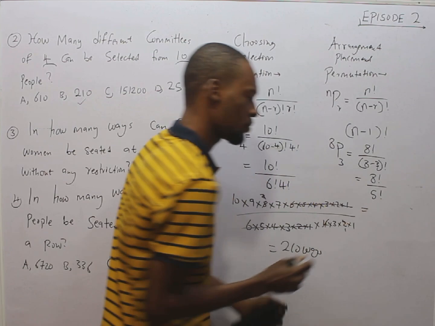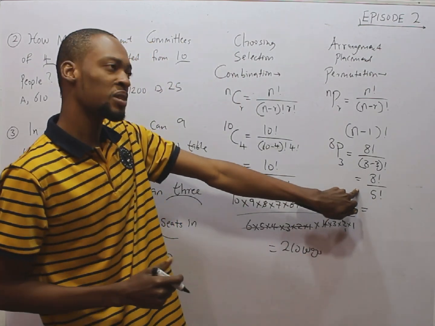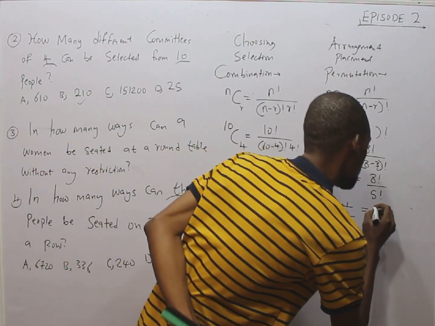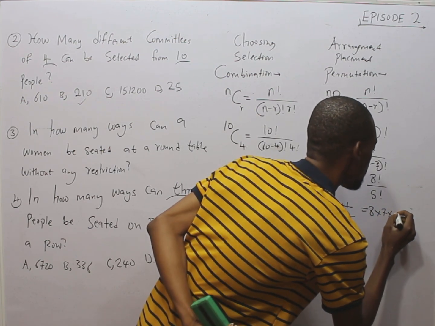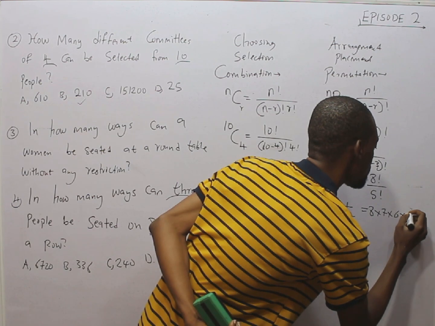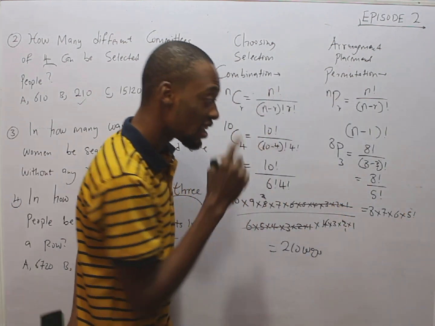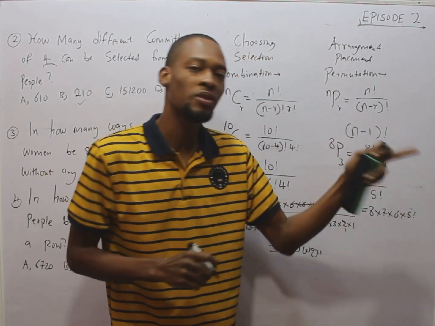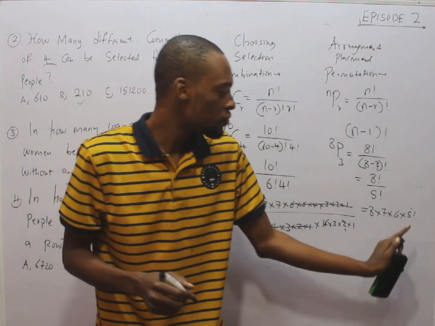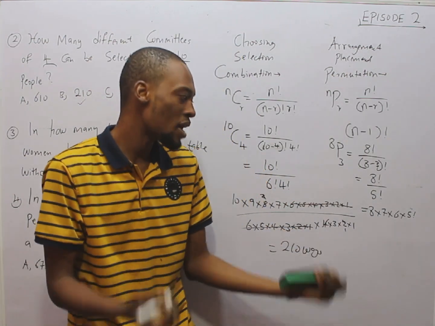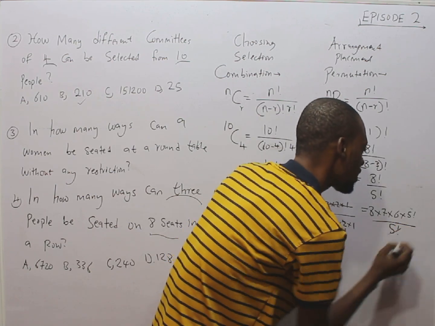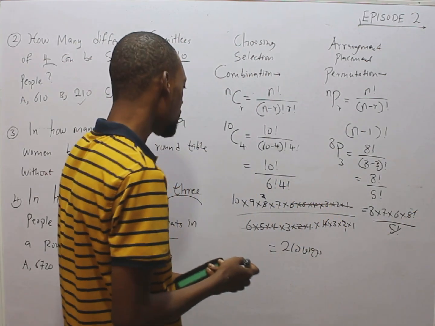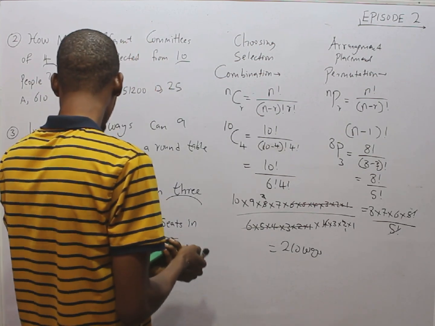Now look at something. 8 factorial is the same thing as 8 times 7 times 6 times 5 factorial. Why? 5 factorial simply means 5 times 4 times 3 times 2 times 1, so 5 factorial can cover it. Over 5 factorial, 5 factorial will simply cancel 5 factorial, leaving us behind with 8 times 7 times 6.